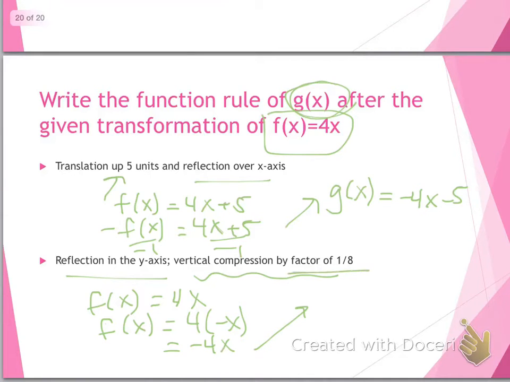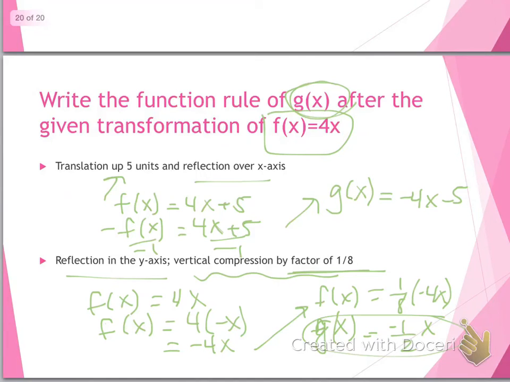And then we need this vertical compression by 1/8. So we're multiplying that 1/8 in there. So now we have f of x is equal to 1/8 times my original, negative 4x. So then my end game is that g of x is equal to 1/8 times negative 4 is negative 1/2. And then we still have the x.